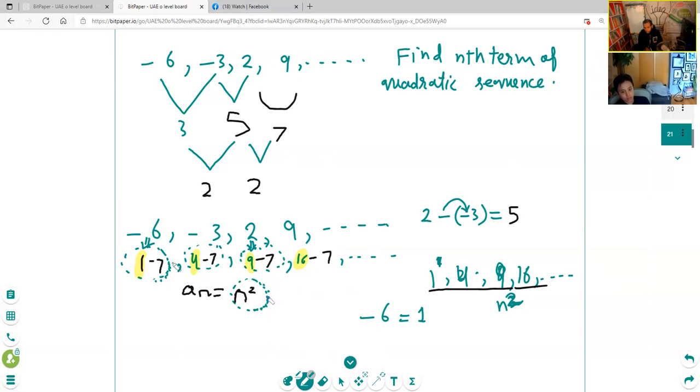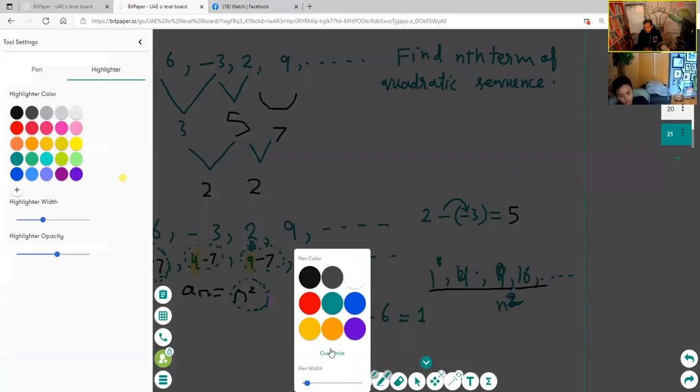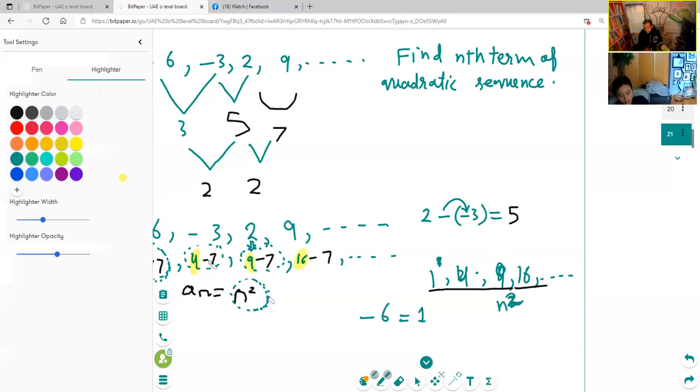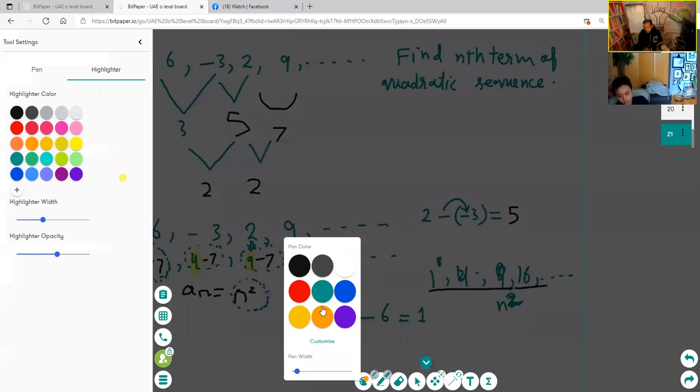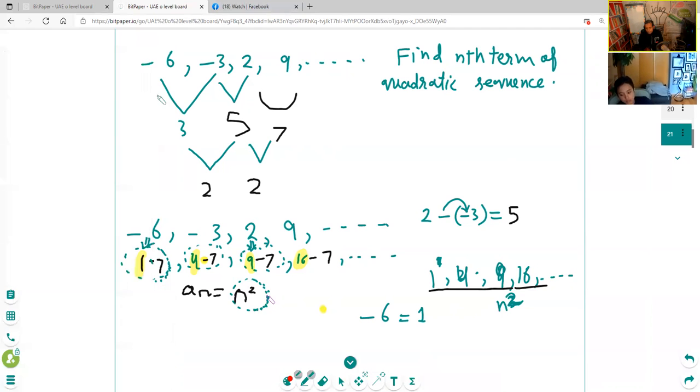And we are subtracting two sequences, so also write minus. See here, there is minus between the two sequences.